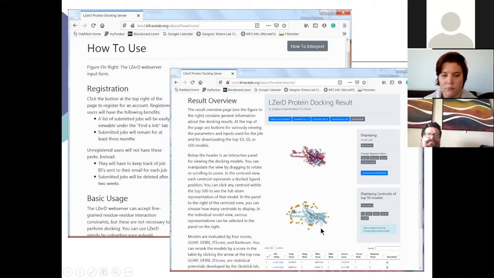Among the top 50 models, you can see how they distribute. And then you can download all the protein PDB entries. That's the web server.